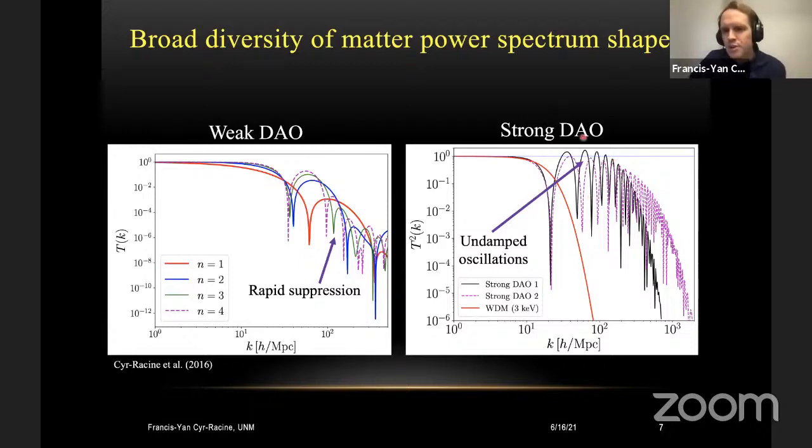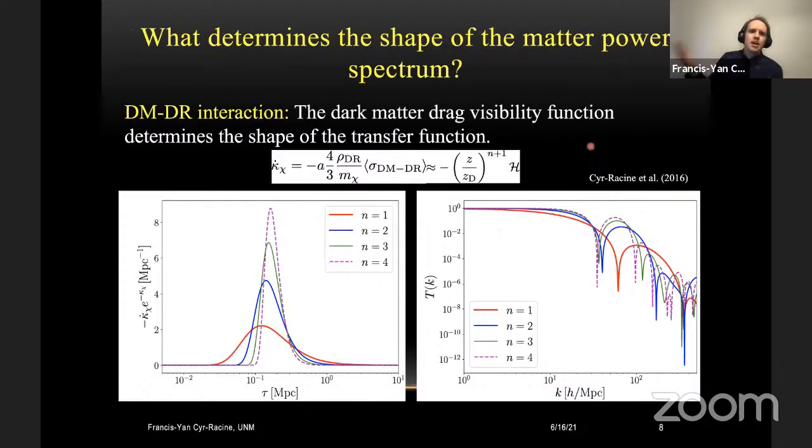So you can have a regime over an order of magnitude in scale where you have this undamped oscillation whose amplitude can even go, say, above the level of CDM. So that's quite interesting.